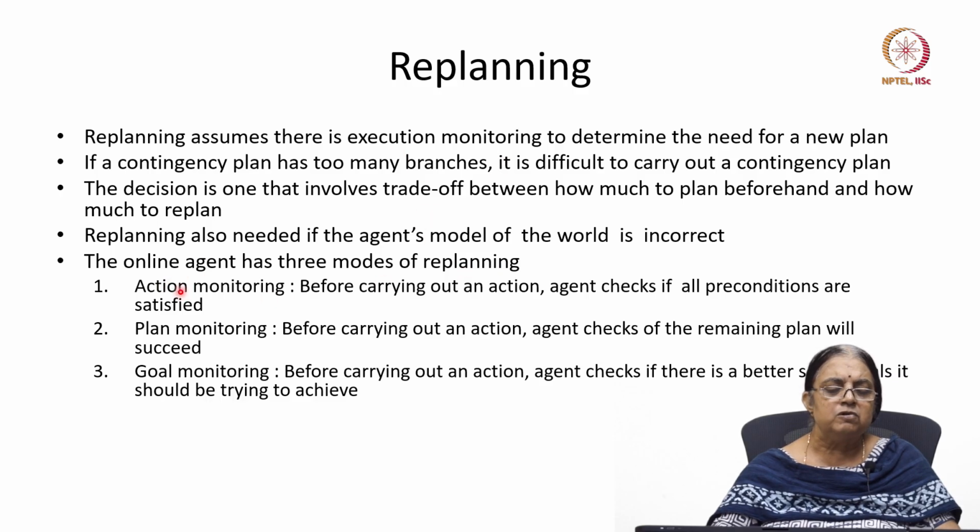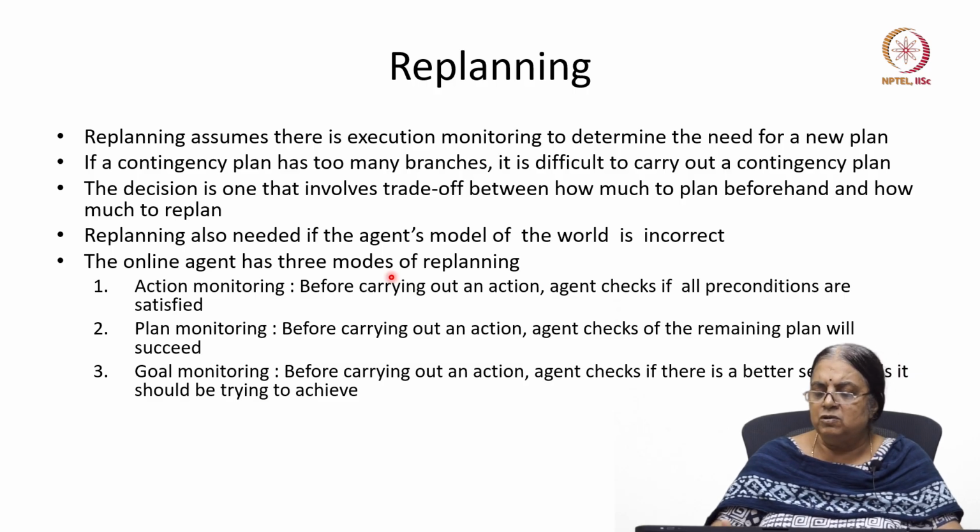First one is what is called action monitoring. Before carrying out an action, you check if its preconditions are satisfied. So every time you need to take an action, are the preconditions for that action satisfied or not? Only if they are satisfied, you carry it out. The second one is plan monitoring: for the rest of the plan which is remaining, will it succeed?